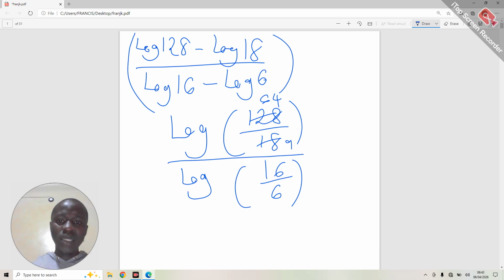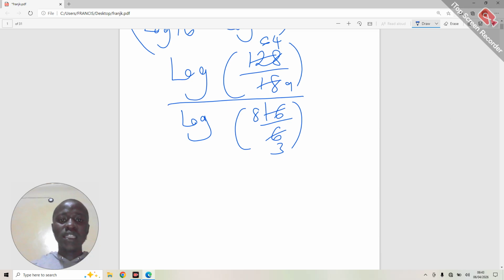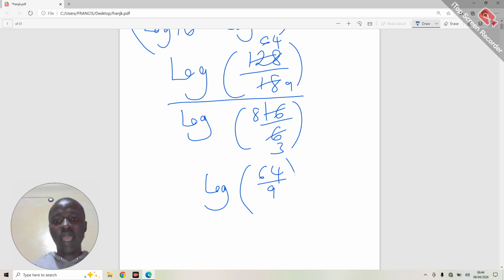Coming to the denominator, we have 16 and 6. 2 can go into them. So 2 goes into 16 8 times, into 6 3 times. So rewriting this, we shall have log 64 over 9, everything over log of 8 over 3.